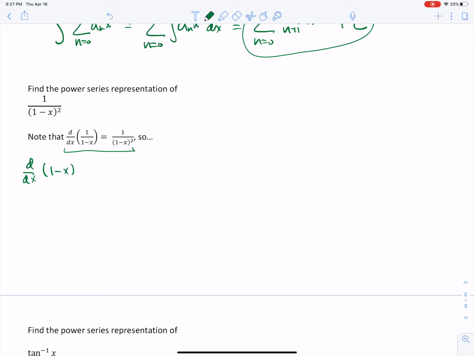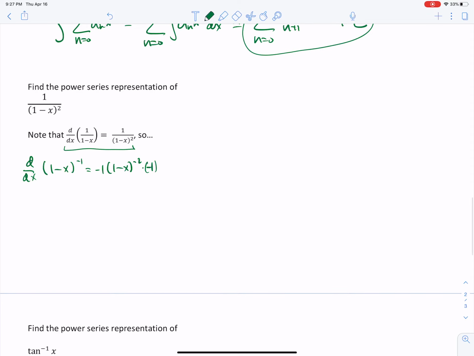I'll write 1 over 1 minus x as 1 minus x to the negative 1. And so I'm going to get negative 1 minus x to the negative 2 times the derivative of what's inside, another negative 1. And so negative 1 times negative 1 is 1. And so I get 1 over 1 minus x squared.